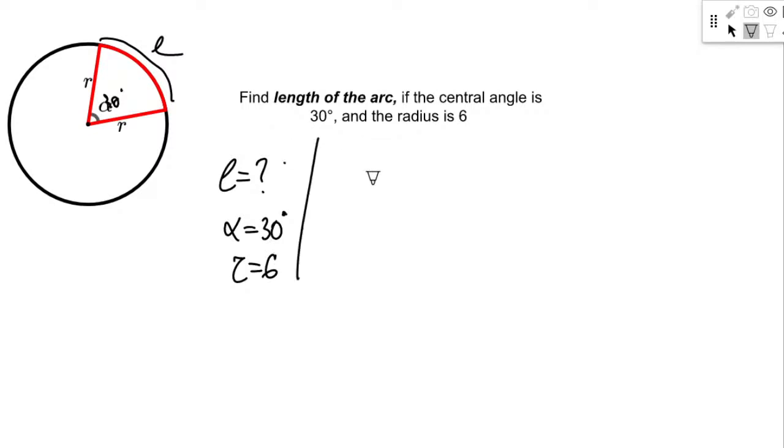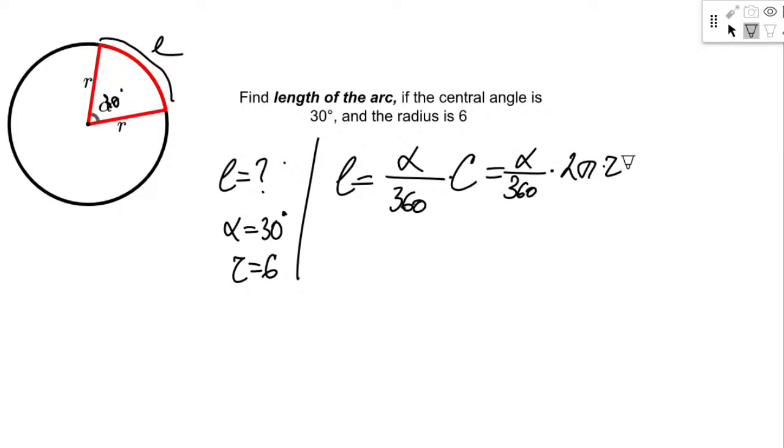To find L, we first divide alpha by 360 and multiply by circumference, or alpha divided by 360 multiplied by 2 pi r. So we have everything, and we just put it here.